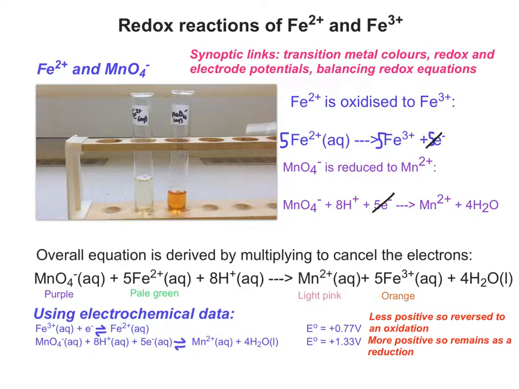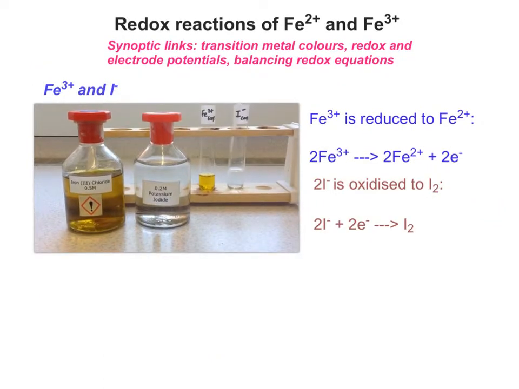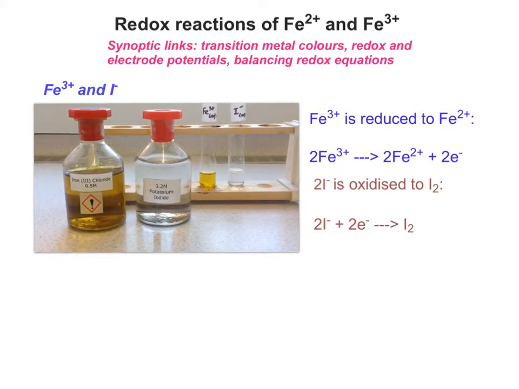So let's now look at the other way round for iron. Instead of iron 2+ being oxidized to iron 3+, iron 3+ is being reduced to iron 2+, and this requires a different set of reagents. So this time we can take some iodide ions and add them to Fe3+.